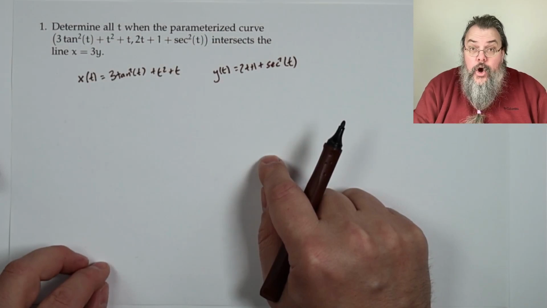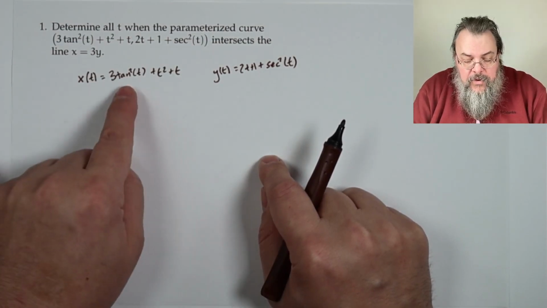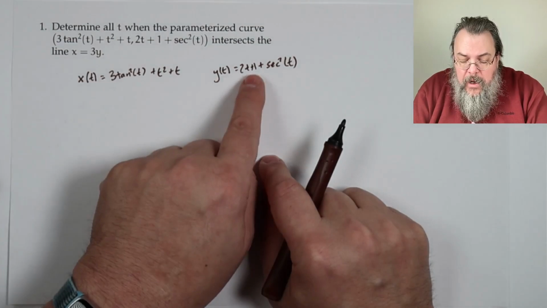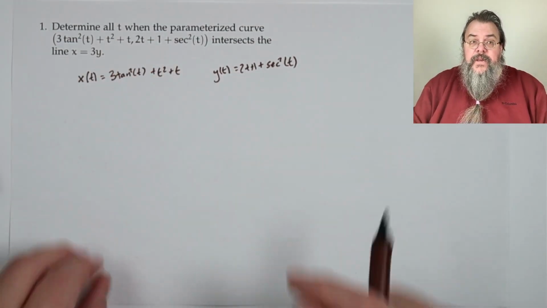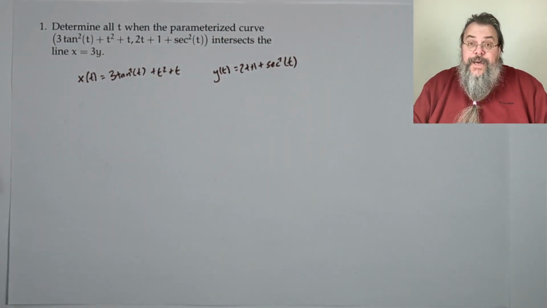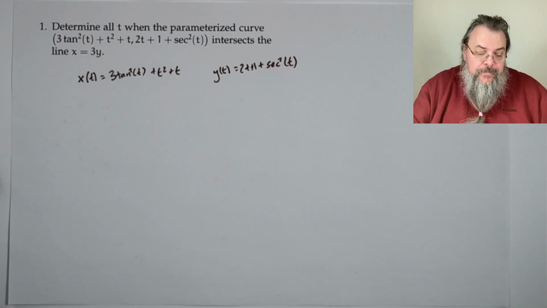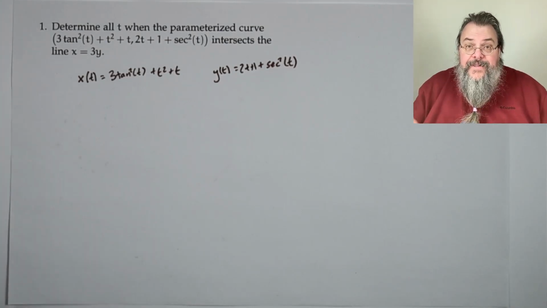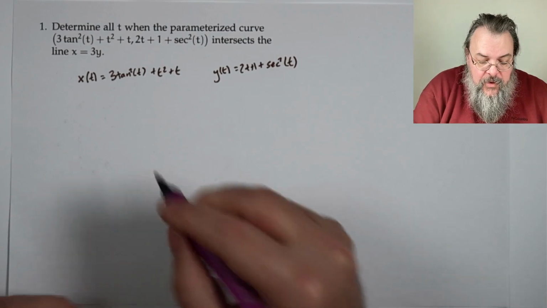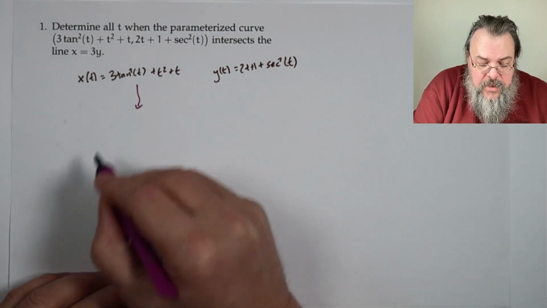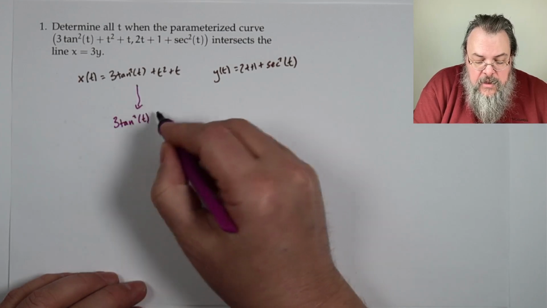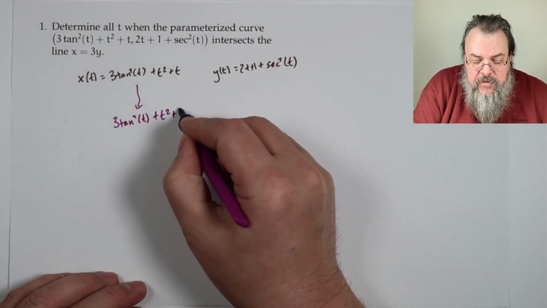So it's like, oh! So where we see x, we can put in this expression. Where we see y, we can put in that expression. And what do we have? Then we have one formula involving only t. I say, well, that's something we can work with. So we're going to take this expression, 3 tangent squared of t plus t squared plus t.